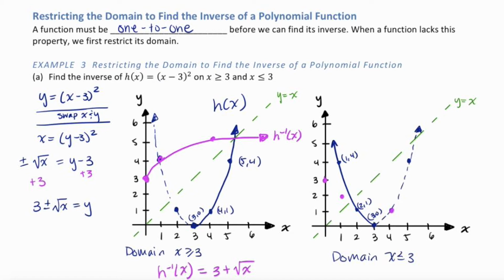Actually, let me fix this really quick so I don't cut off what this point is. There we are. This is h inverse of x. Of course, this is h of x. So on this domain, our inverse becomes 3 minus the square root of x.